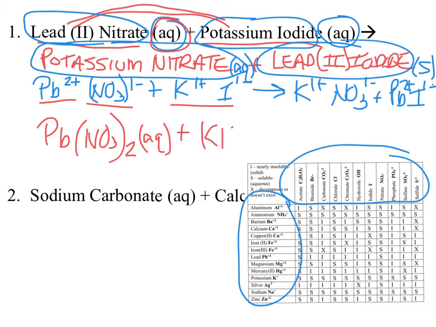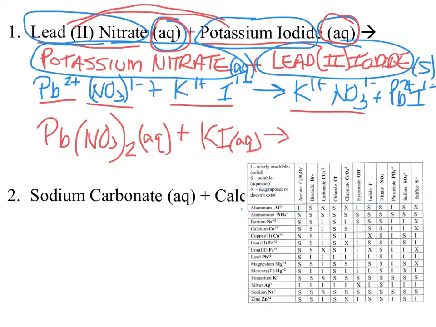So potassium iodide come together, just KI. Those are both aqueous, it says so right here. Next, I'm going to look at potassium and nitrate. Potassium's plus 1, nitrate's minus 1, so they're just going to come together as KNO3. We figured out from the chart that means it's aqueous.